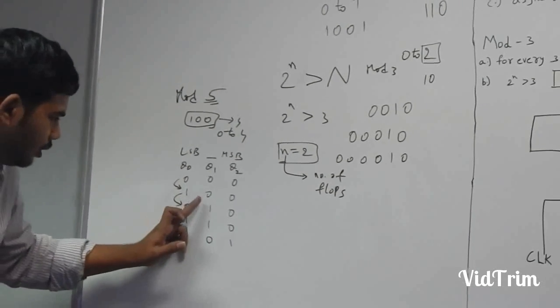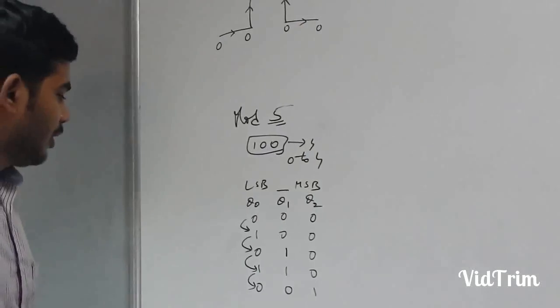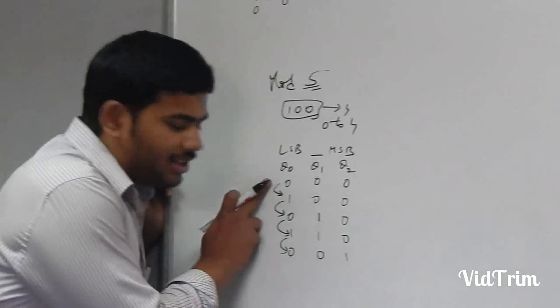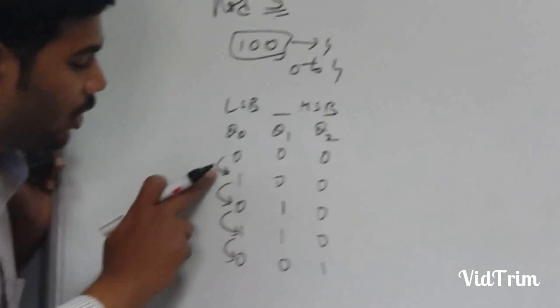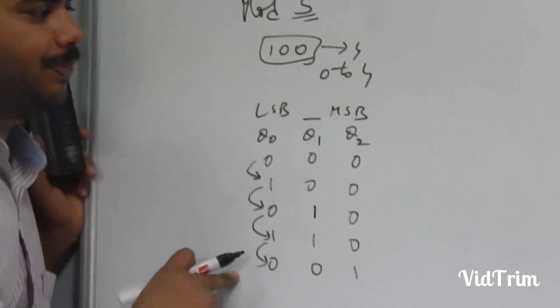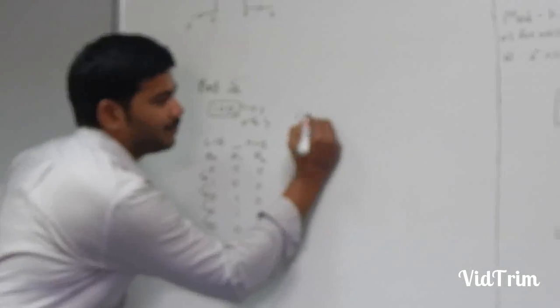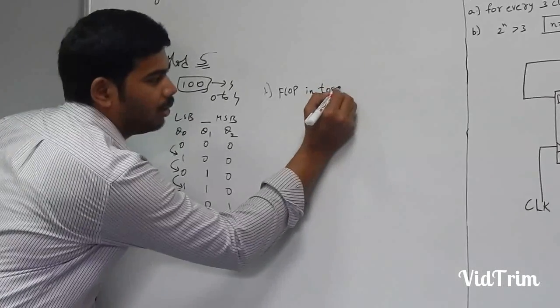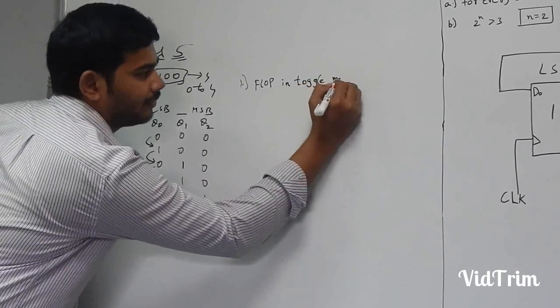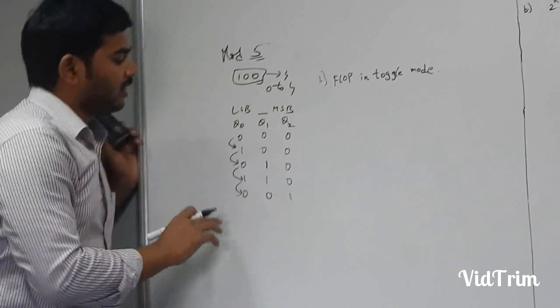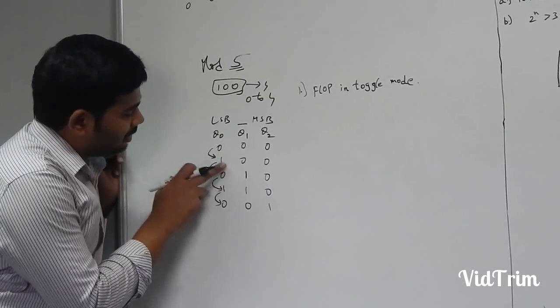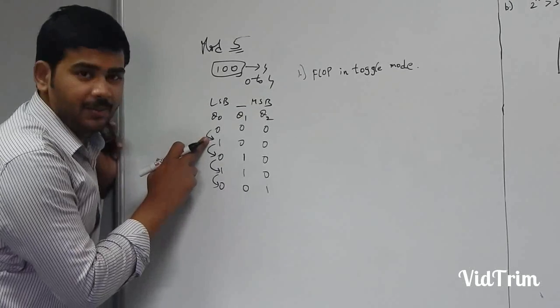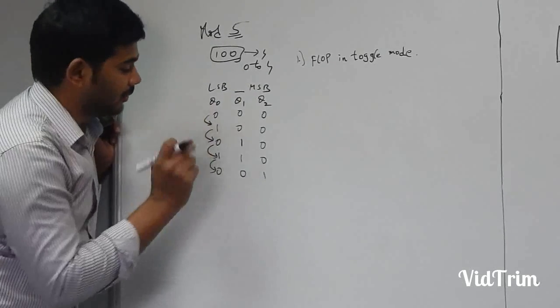Based on this toggling only it is toggling. You see? So if you clearly observe this first bit, it's toggling continuously. So our first requirement is flop in toggle mode. And see, if you can clearly observe this, based on this toggling, it is changing continuously.